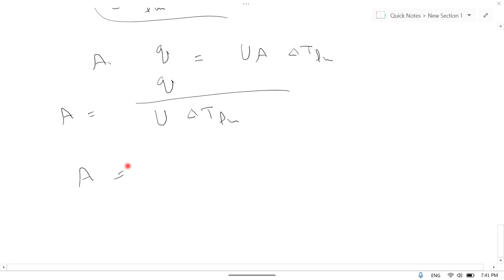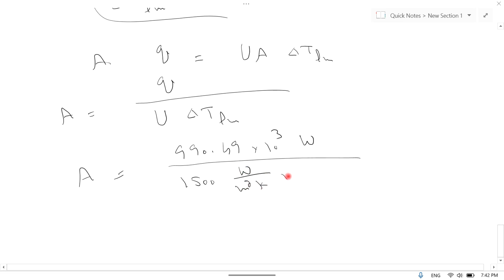Q is equal to 90.49 kilowatt, kilo is 10 power 3 watt, divided by U given to us as 1500 watt per meter square per Kelvin, multiplied by corrected log mean temperature difference 139 Kelvin.